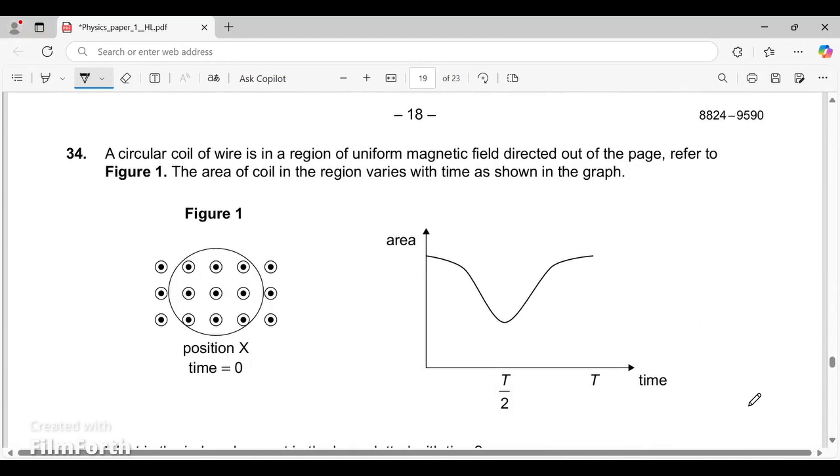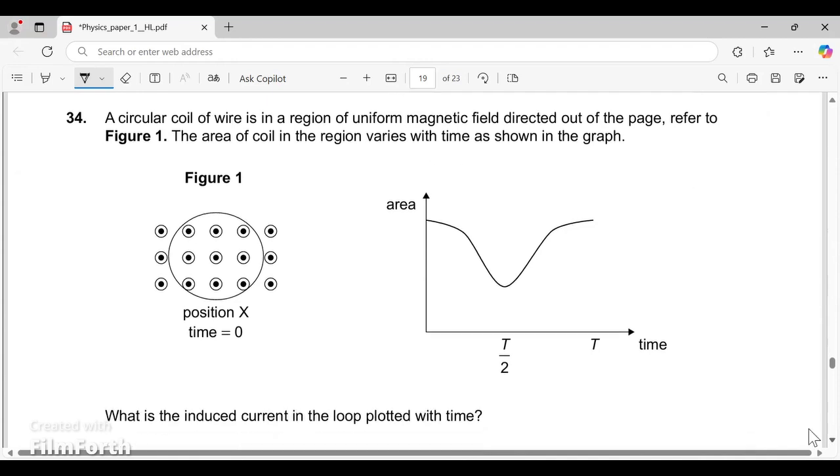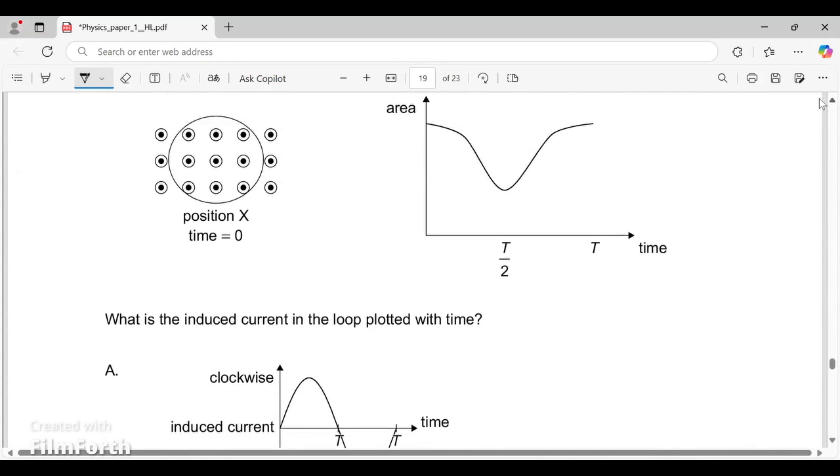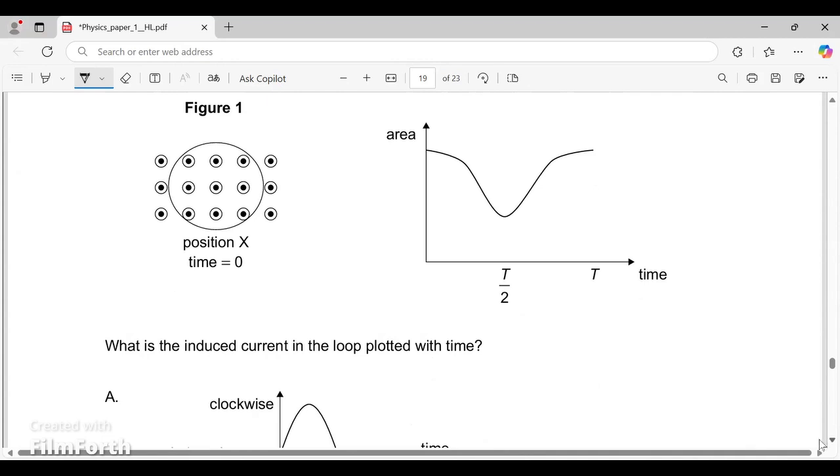A circular coil of wire is in a region of uniform magnetic field directed out of the page. Refer to figure 1. The area of the coil in the region varies with time, as shown in the graph. What is the induced current in the loop plotted with time? I want to discuss the graph from 0 to T half.